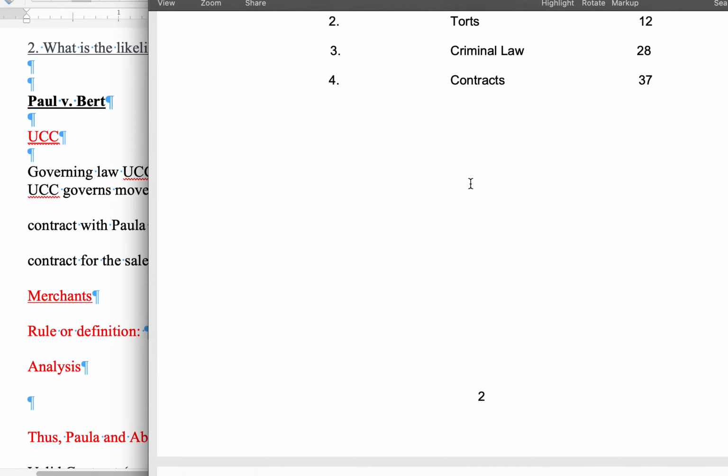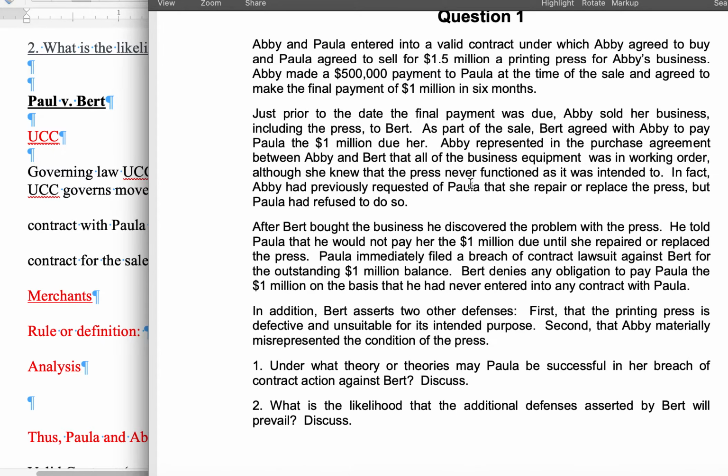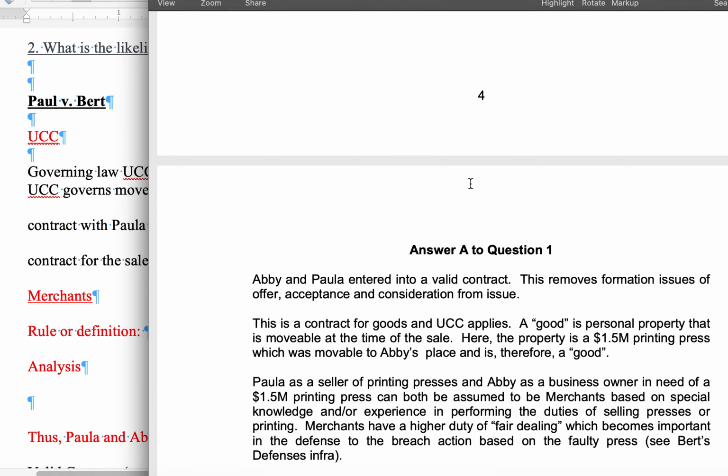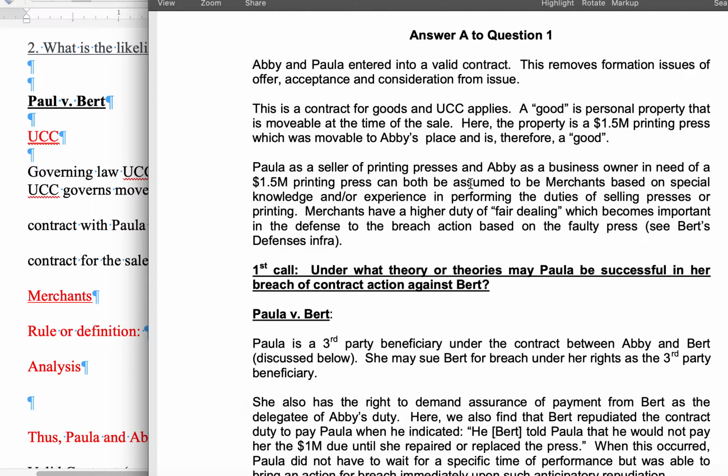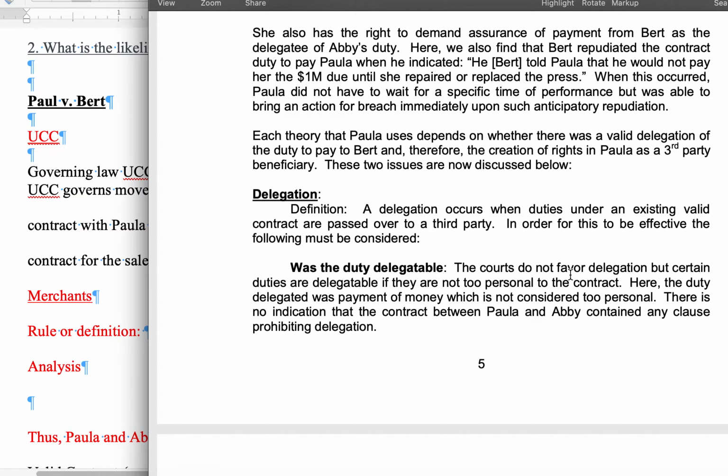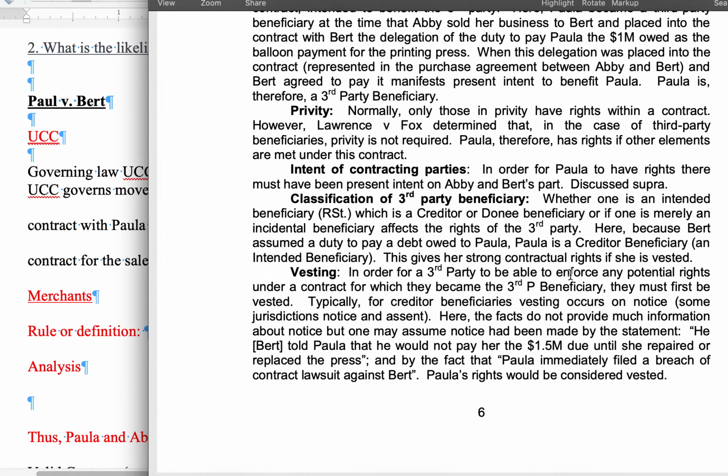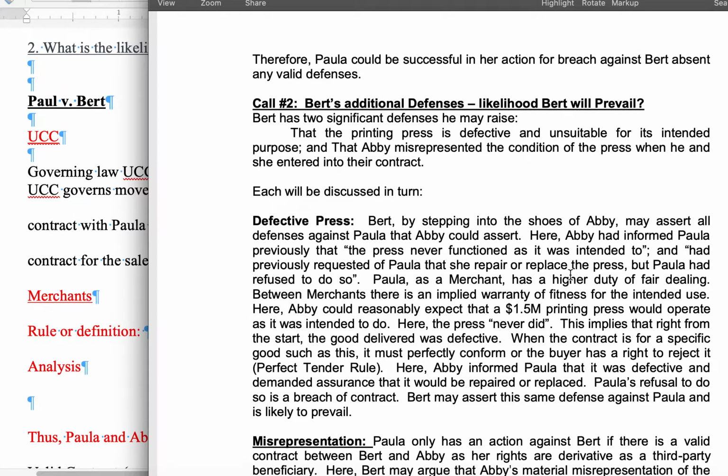Let's go take a look at this model answer in here that was a passing bar answer. Up here for question 1 they have the first call of the question here, and then they have the issues, and then they have the second call of the question.